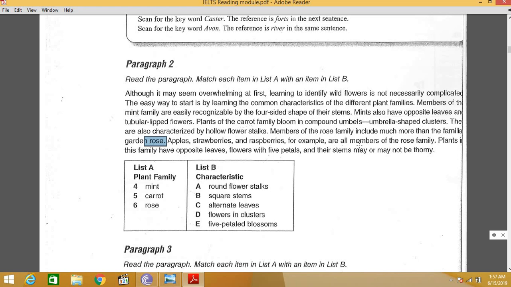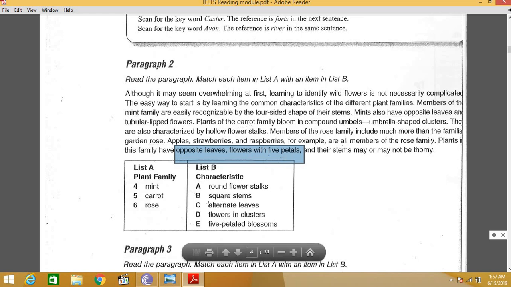These are examples of members of the rose family. But I could not find the answer when I was reading the sentence where this rose appears. But now we read ahead, because we are searching for the characteristics. Plants in this family have opposite leaves, flowers with 5 petals. There are 2 pieces of information that I find here: opposite leaves and flowers with 5 petals.